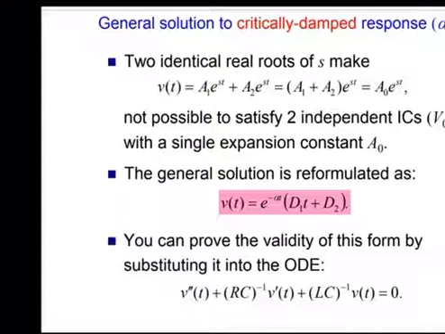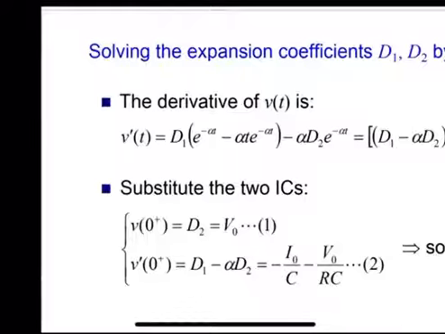You can solve this equation using the initial condition at V(0+), which gives D2 minus V0, and the other from the derivative at the initial condition, which gives you the second equation. By solving these two equations, you get D1 and D2.